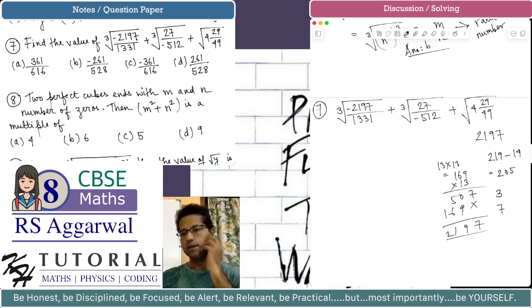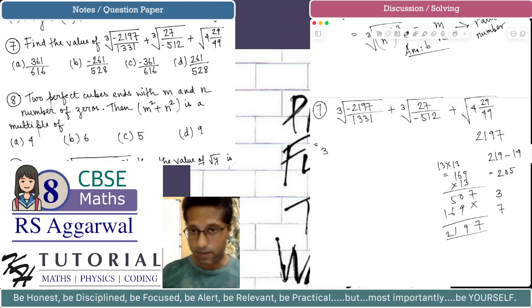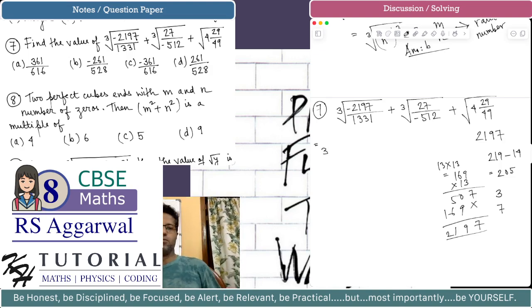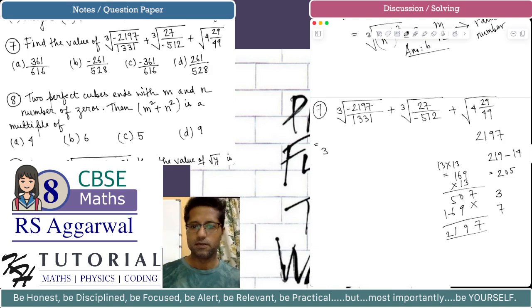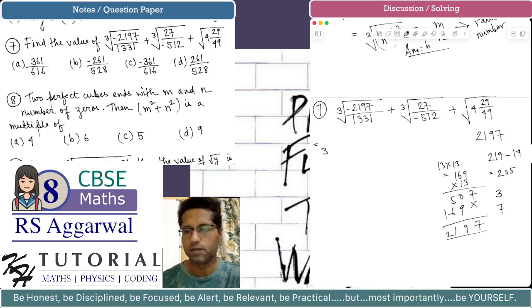Okay, so the cube root of 2197 is 13, because we can see that 13 cube is equal to 2197. So 2197 is a perfect cube. In fact, minus 2197 is a perfect cube, as its cube root will be minus 13. Now, what about the mixed fraction, that is 4 and 29 by 49?